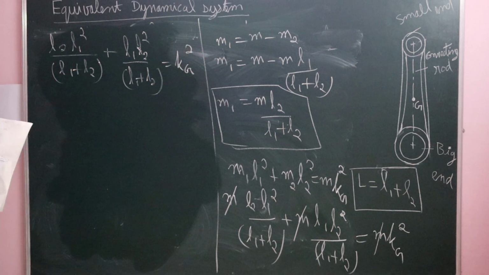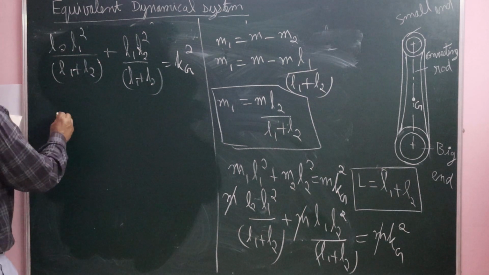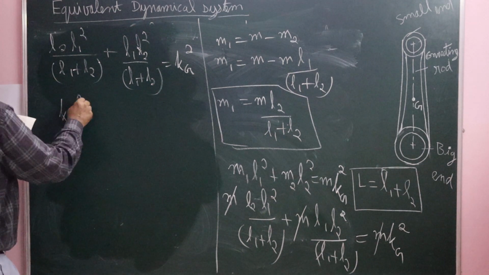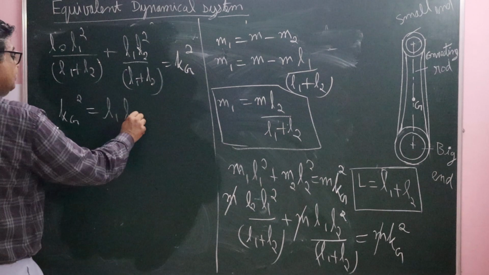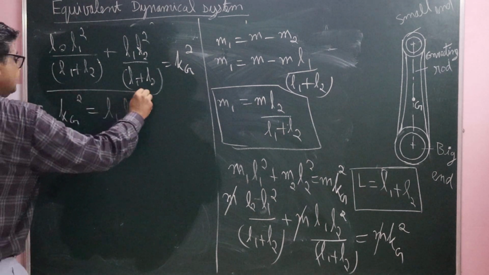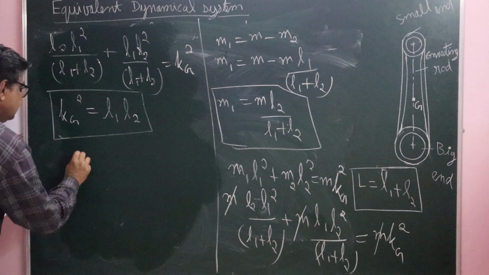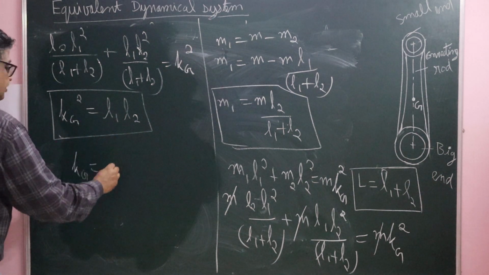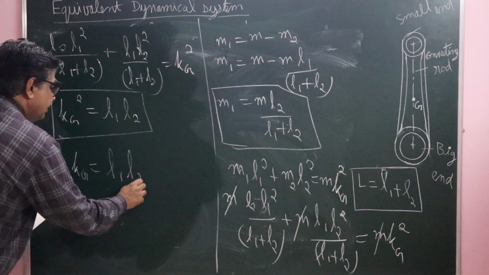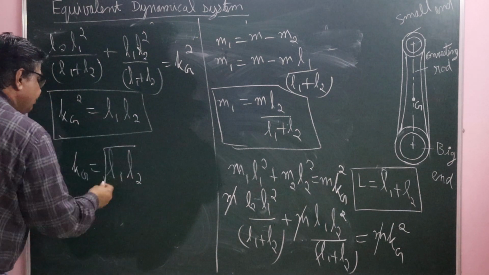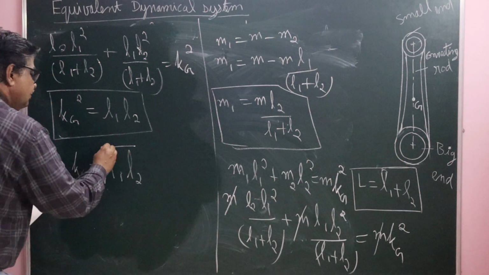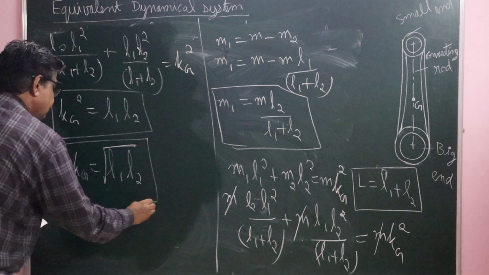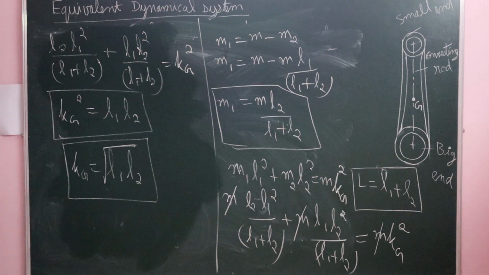So simplifying this, it becomes kg square is equal to L1 L2. So this is kg, the radius of gyration. Therefore, radius of gyration kg square is equal to L1 L2, kg is equal to the square root of L1 L2. So this is the radius of gyration.